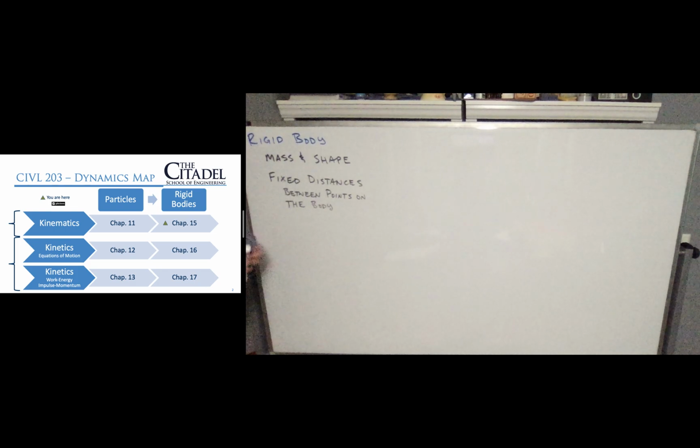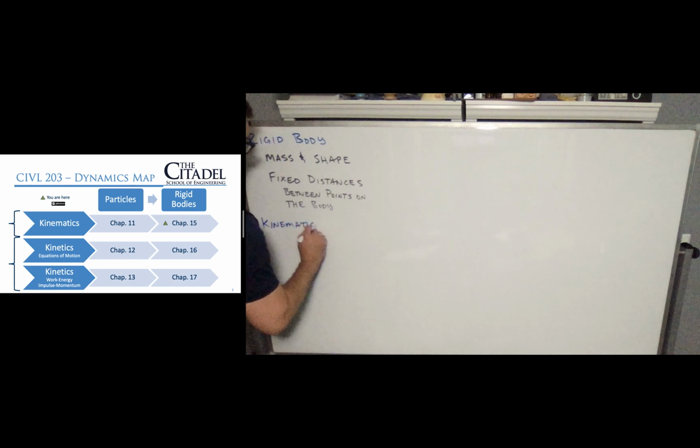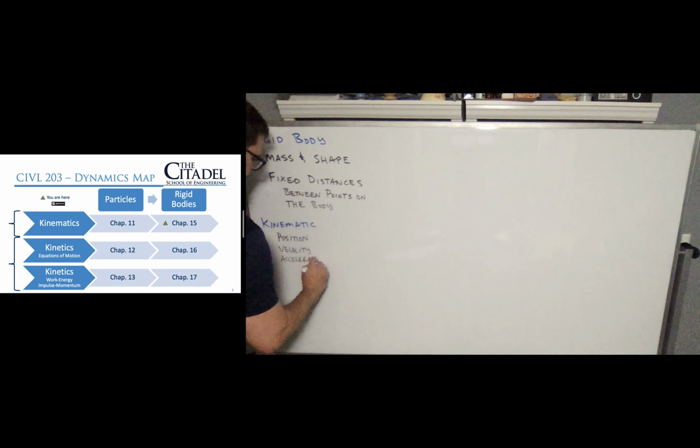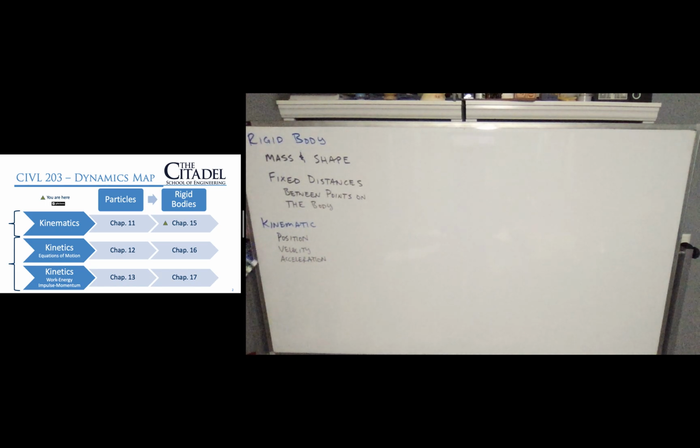Now, when we talk about rigid body kinematics, it means that we're going to be thinking about the position, the velocity, and the acceleration of all points on the body.